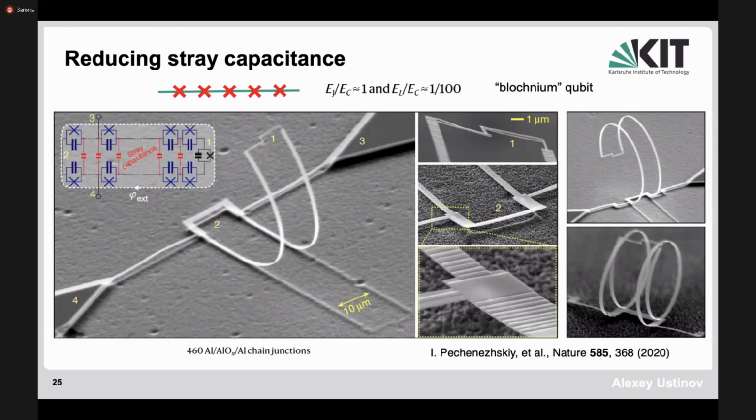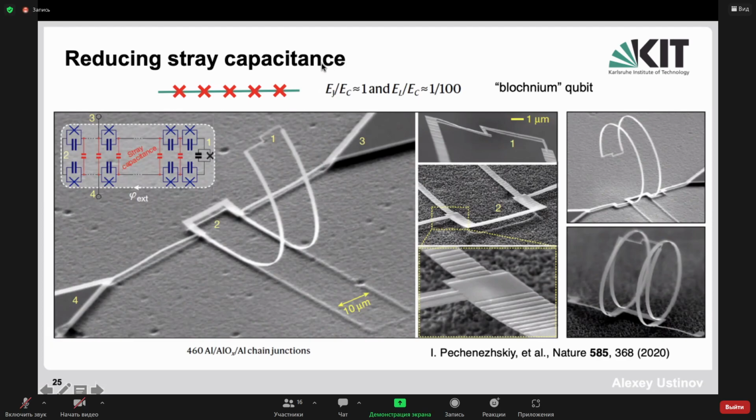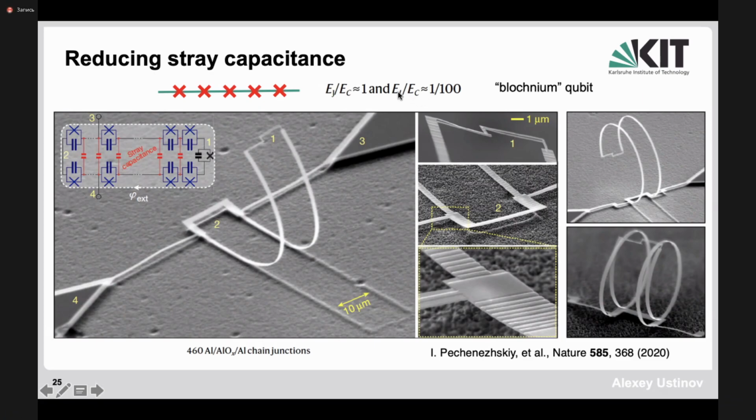This made it possible to realize the parameter limit where the Josephson junction really was very tiny, with the ratio of charging energy to Josephson energy of the order of 1, and quite a small value of the inductive energy compared to the charging energy, about 1 to 100. And this actually brought this device into a particular limit, which the authors called the so-called Blochnium qubit.